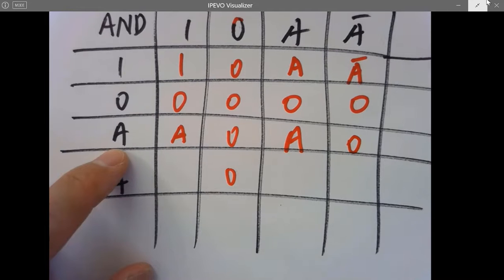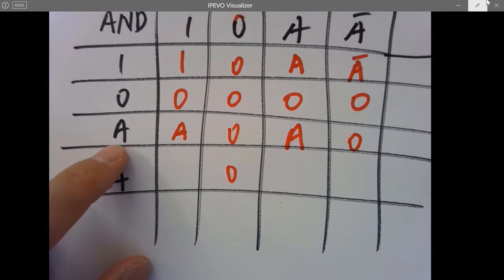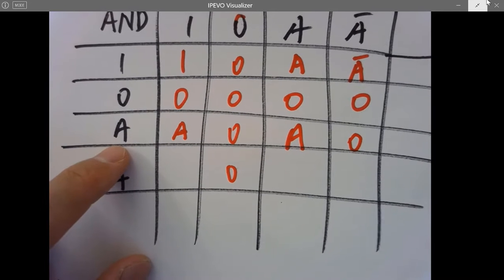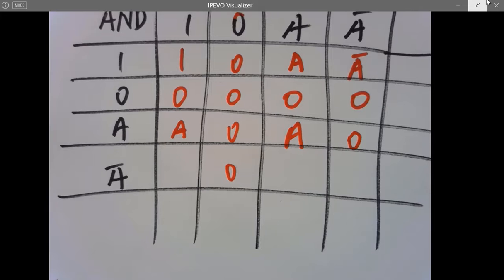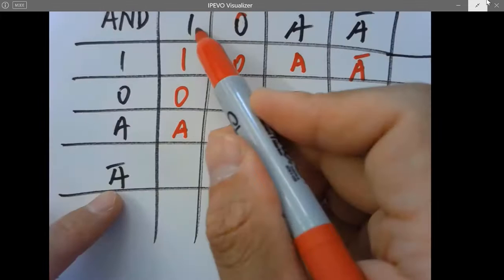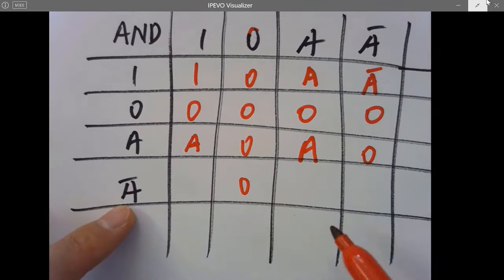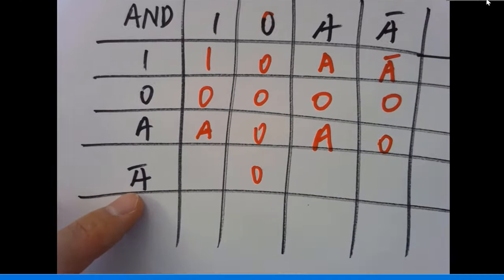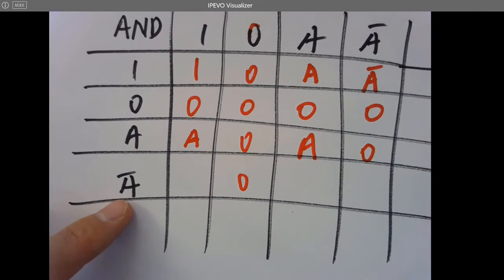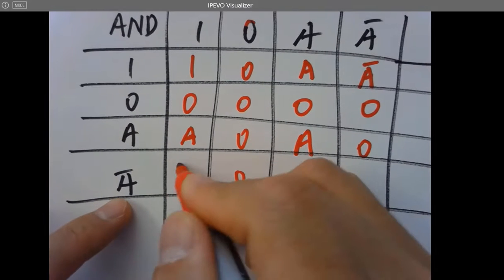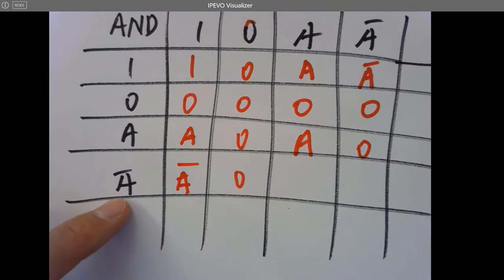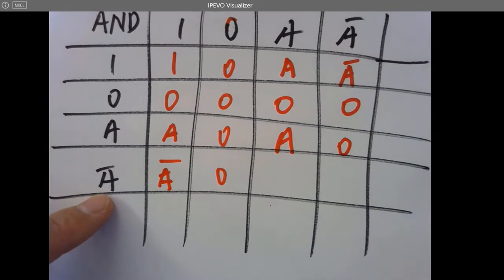So A or A bar: myself or not myself. It's the universe, it's everything. So it's 1. A bar and 1, A bar. A bar and A, we did it, right?